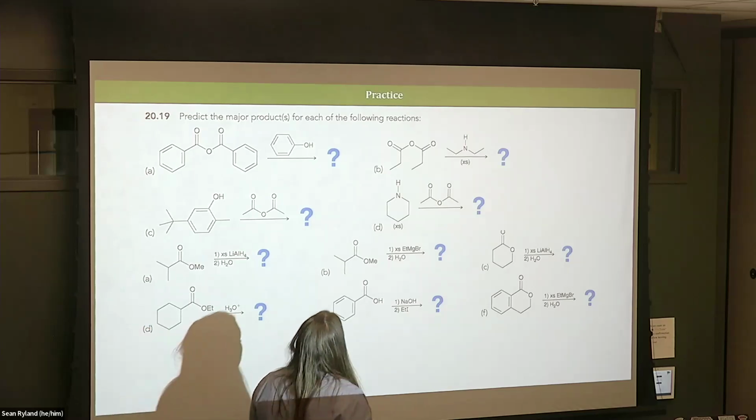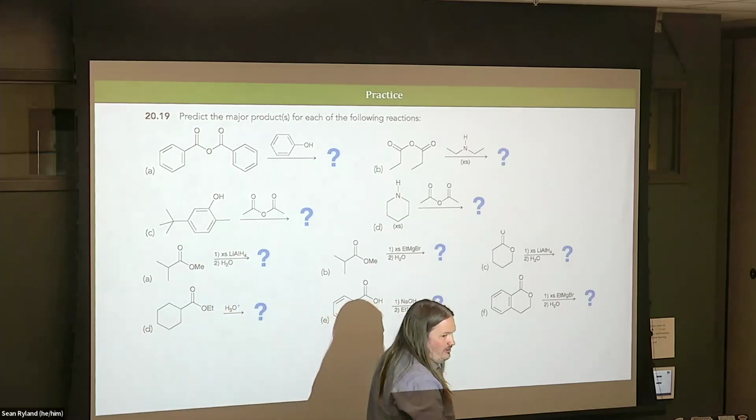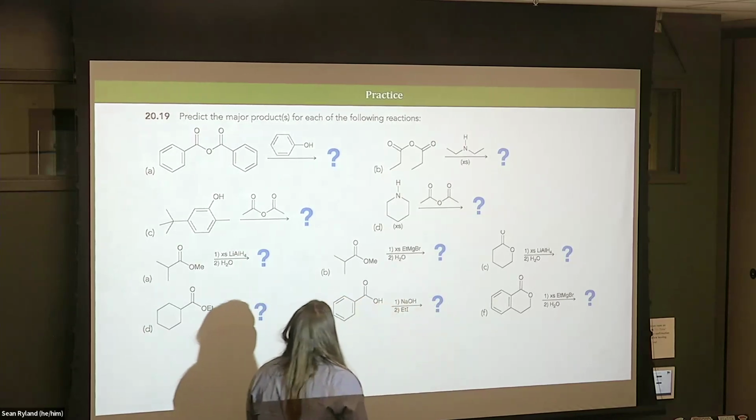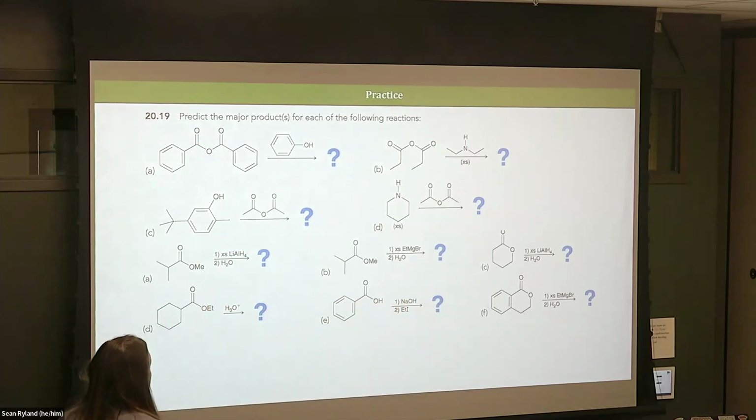Anything with nitrogen, we're gonna make an amide. So we're gonna take the propanoic anhydride and react it to make the N,N-diethylpropanamide. Propanamide, that's the word.